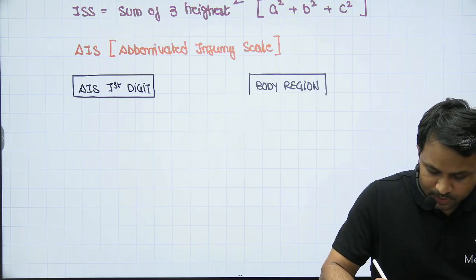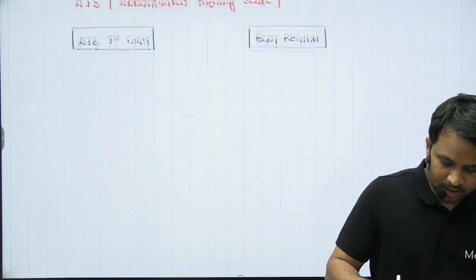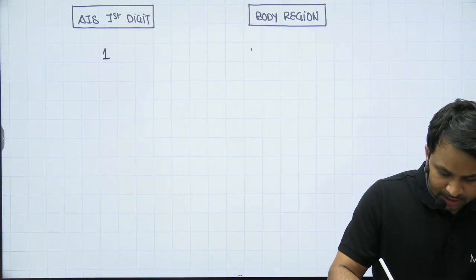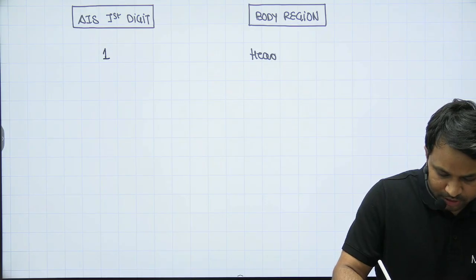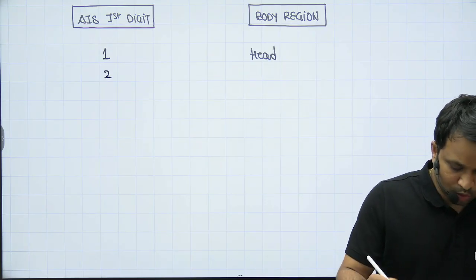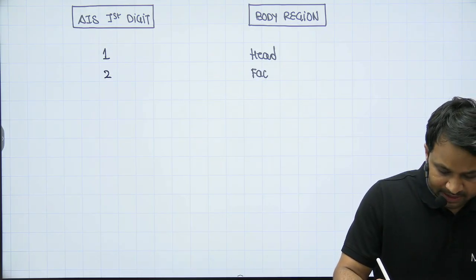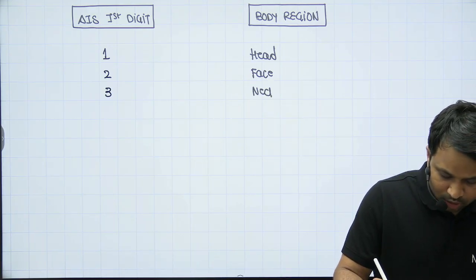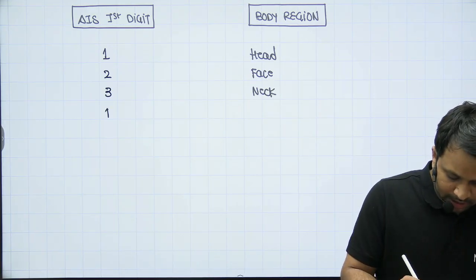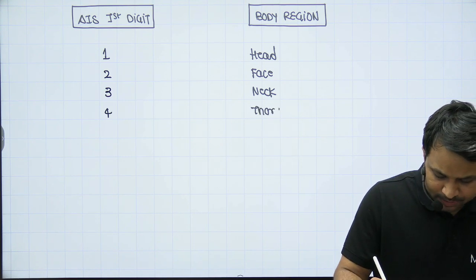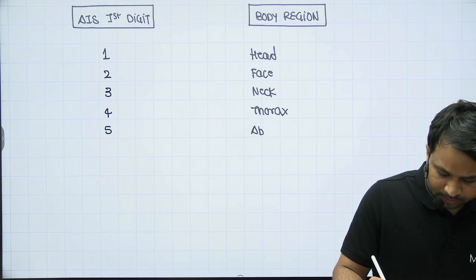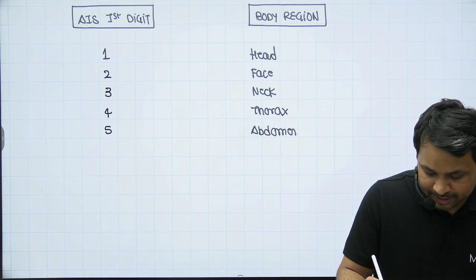Based upon this, we look for the component. If the digit is 1, it denotes the head of the patient. A digit of 2 denotes the face. A digit of 3 denotes the neck. 4 indicates thorax, nothing spectacular, it is in the same order. 5 indicates abdomen. 6 indicates spine.